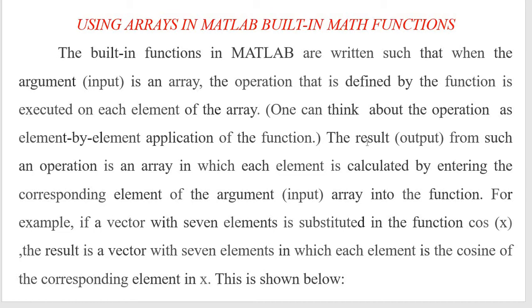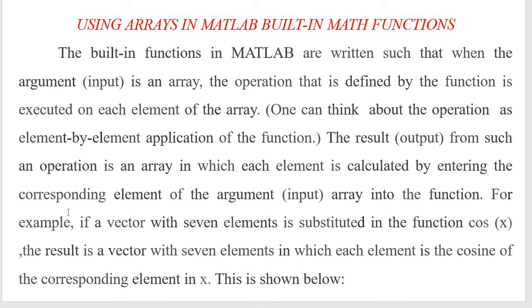The result, that is the output, is an array in which each element is calculated by entering the corresponding element of the argument array into the function. For example, if a vector with 7 elements is substituted in the function cos x, the result is a vector with 7 elements in which each element is the cosine of the corresponding element in x.